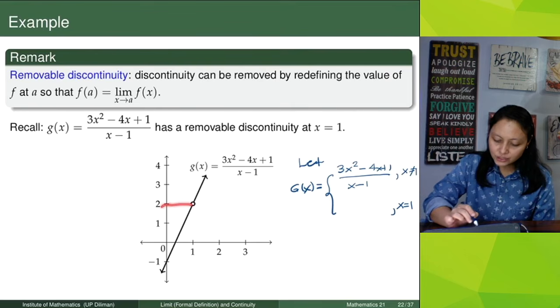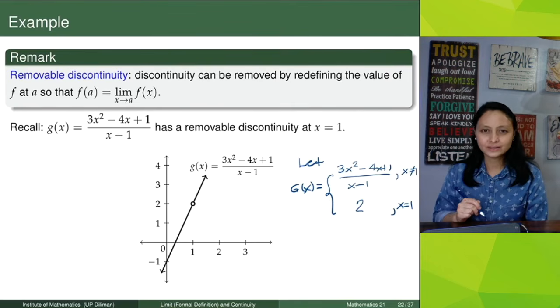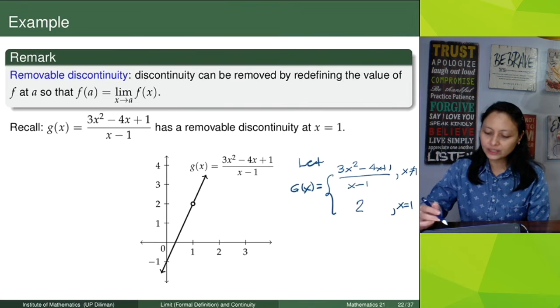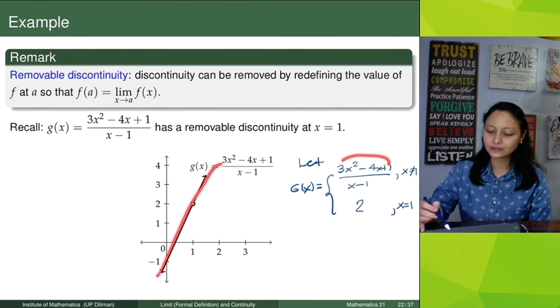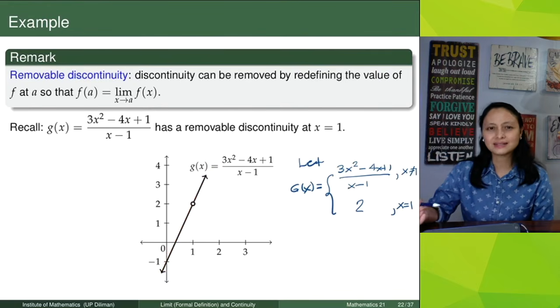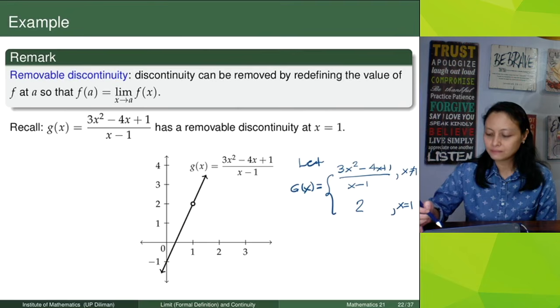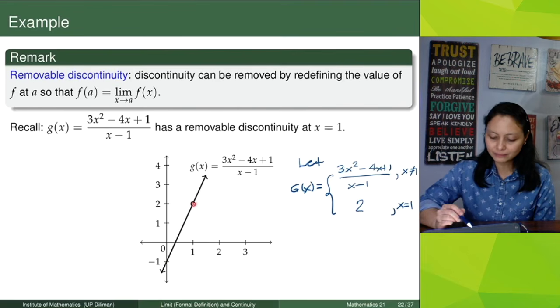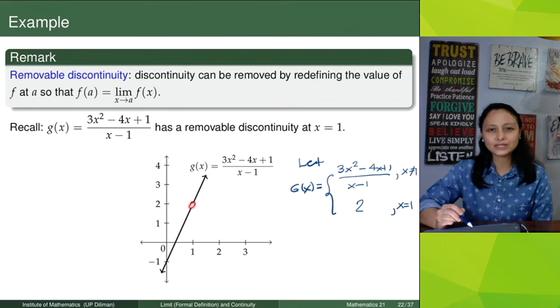G of x should be equal to 2. So, we redefine the function, yung capital G of x, for all values except at 1. Ito yung piece na nagde-define sa function natin. But once x equals 1, okay, matatakpan to. G of 1 is equal to 2.